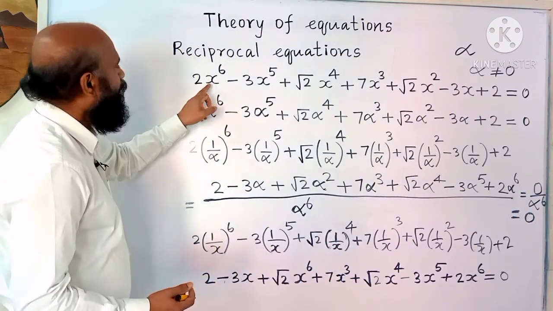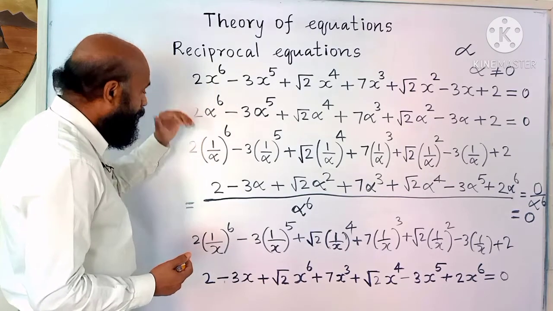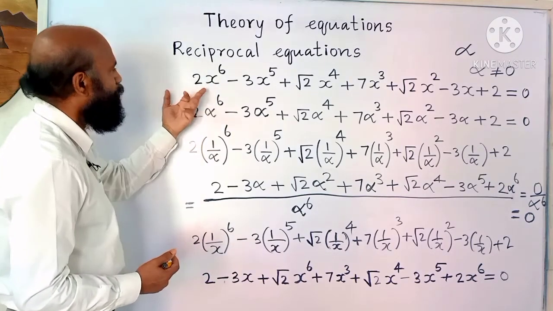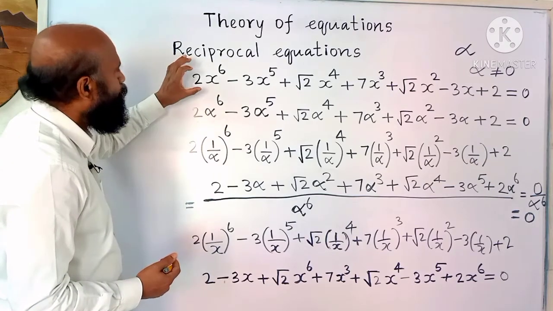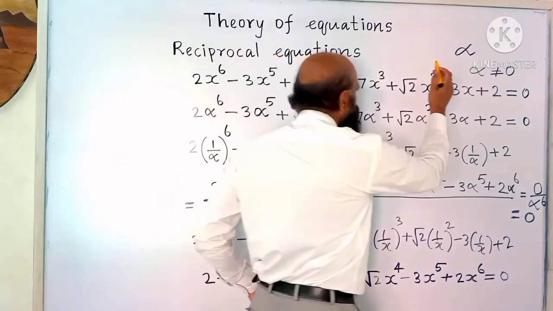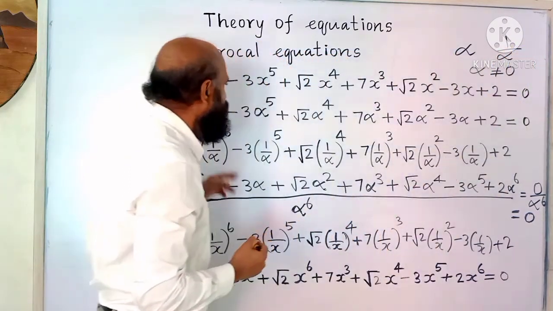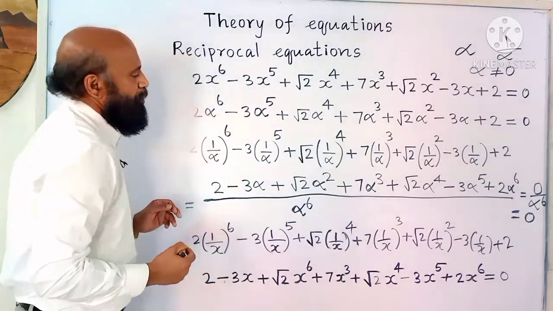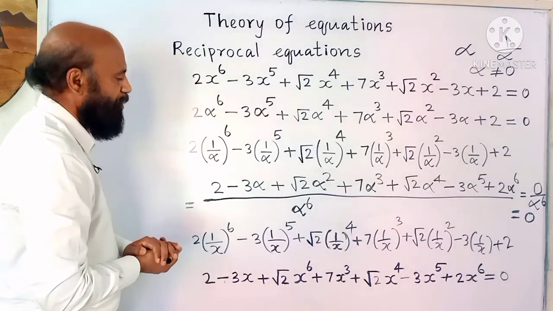That means if alpha is a solution or a root of this equation, 1 by alpha is also a root of this equation. So it's called a reciprocal equation. If alpha is a solution or root, 1 by alpha also will satisfy this equation. So such equations are called reciprocal equations.